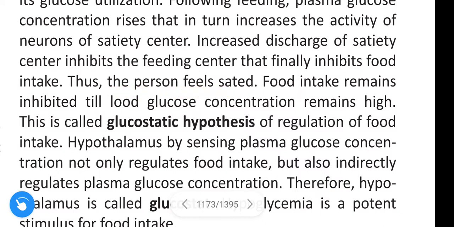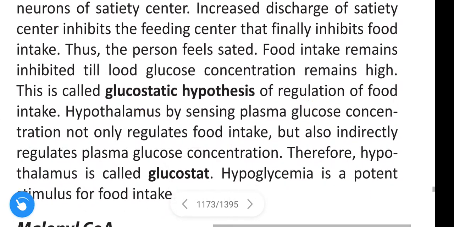Food intake remains inhibited till blood glucose concentration remains high. This is called the glucostatic hypothesis of regulation of food intake.